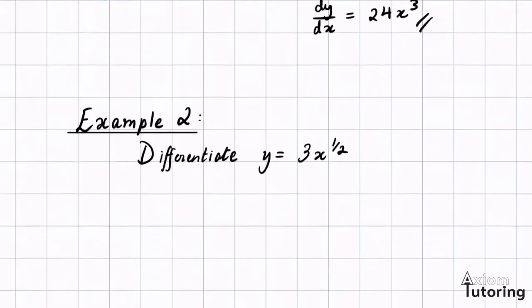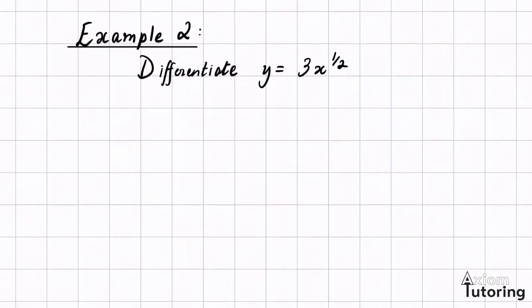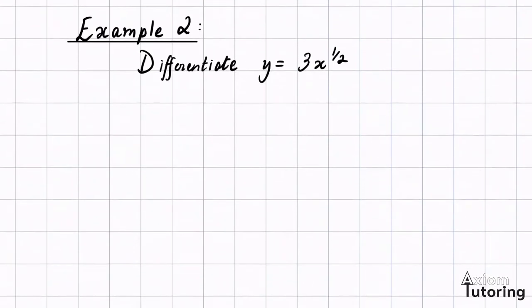Now let's have a look at example 2. We want to differentiate y equals 3x to the power of a half. So it's our dy over dx notation I'm going to use, but let's think back to our previous formulae. f of x, which is equivalent to our function y, is equal to ax to the power of n.